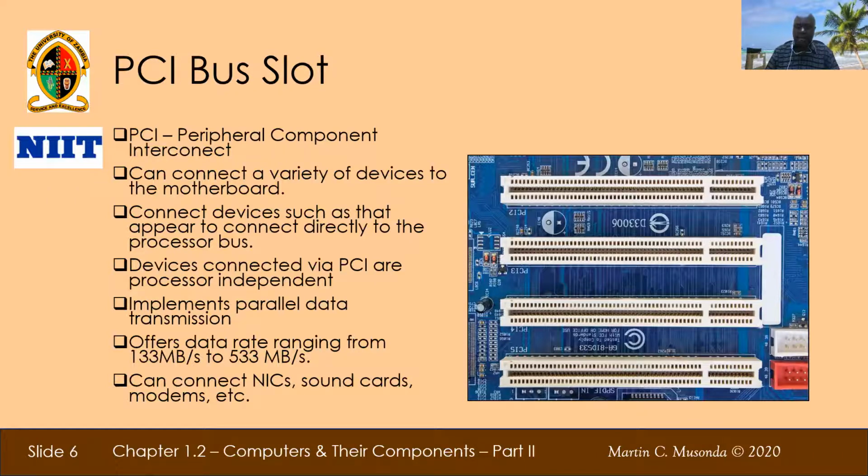Again, the sound card can be connected via a PCI bus slot. Of course, this is an older technology which is being phased out. There are newer buses which have been developed, which offer better performance, and we'll be looking at them shortly.